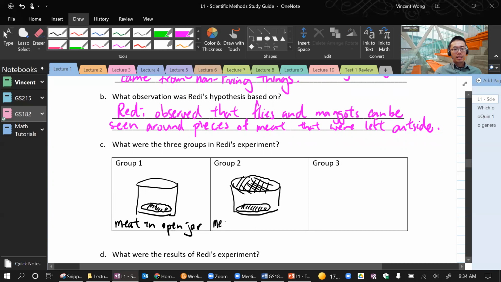So meat in a jar with a mesh cover, with some kind of netting.